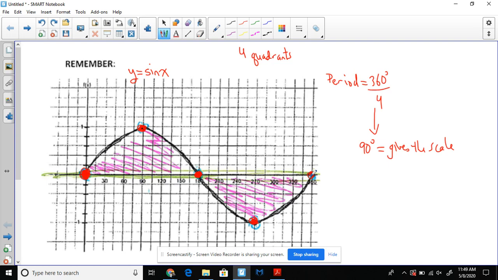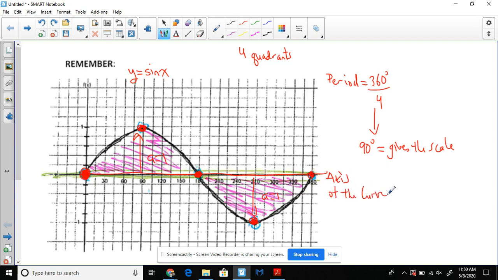All right. Again, the amplitude, remember, is the distance from the axis of the curve to the max and the min. So here my amplitude is 1. And this line here, the x-axis, is what we call the axis of the curve.